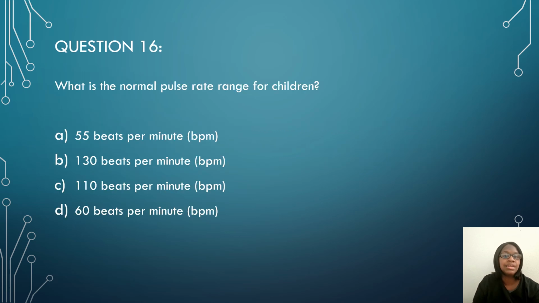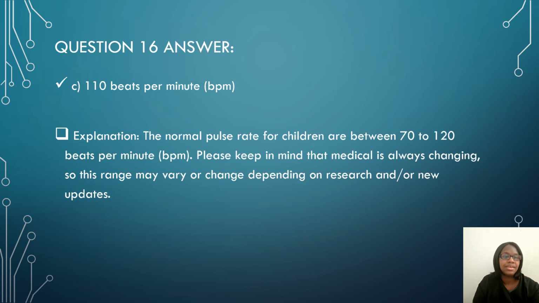Question 16. What is the normal pulse rate range for children? Feel free to let me know in the comments if any of these questions are kind of tricky. If you feel like, oh wow, I didn't know that, I learned something, so just let me know. 110 beats per minute.